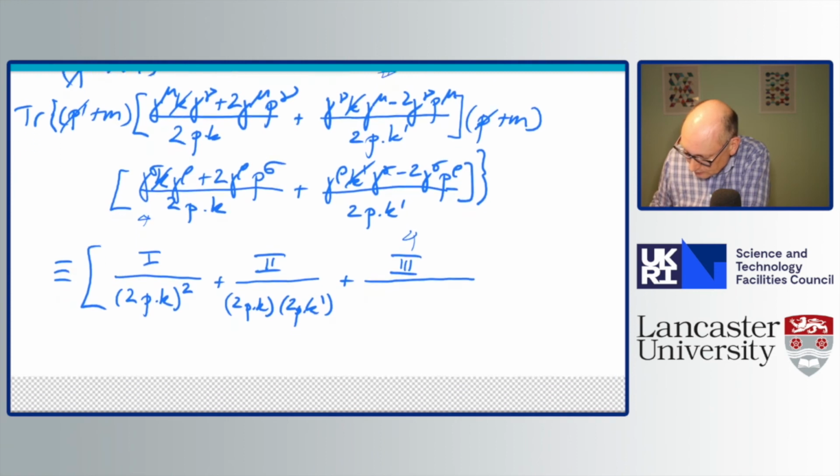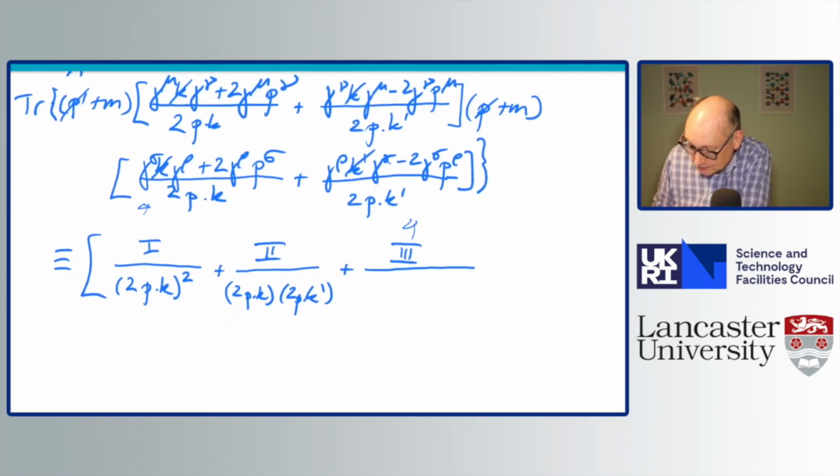The third complex gamma matrix trace will be 2 p dot k prime, 2 p dot k.